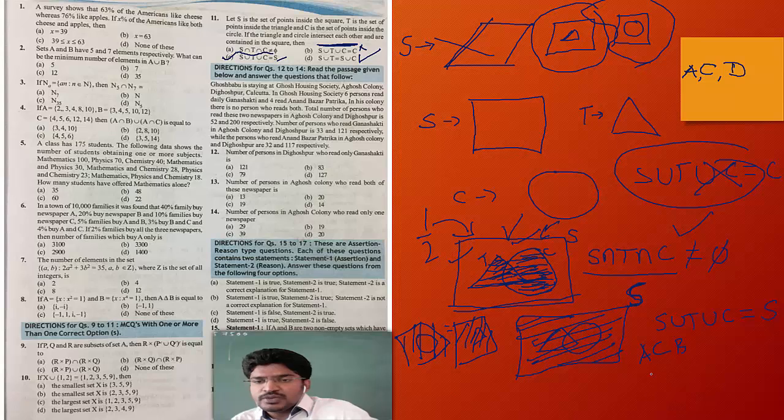A is a subset of B, A is a subset of C. That means from this you make A union B, and from this you take another condition, C is a subset of B, you make C union B. Both terms are going to be the same because C is in B as well as A is in B. For example, this is B, you have C here as a circle, this is B, you have triangle as A in square.